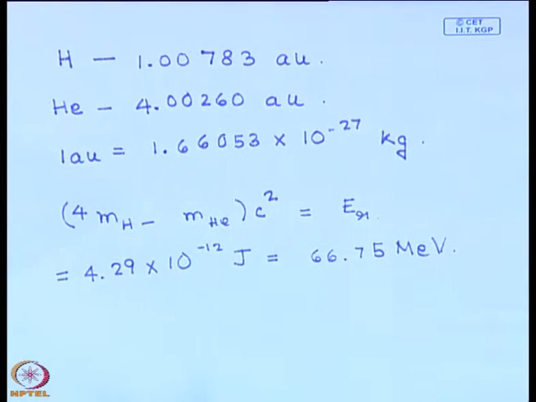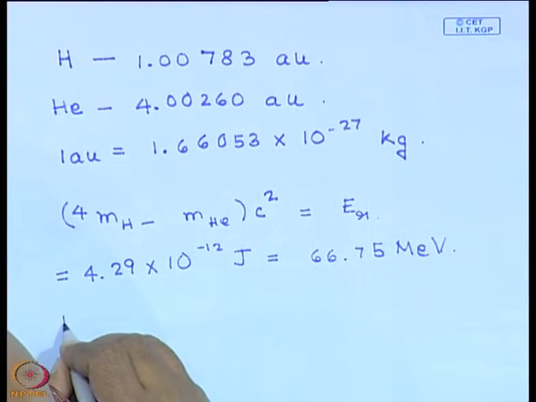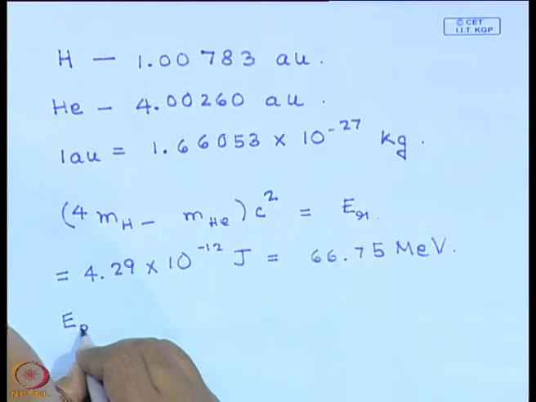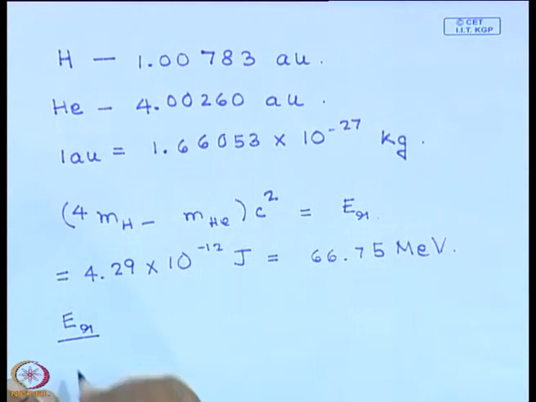Now, the quantity which is more interesting is the fraction of the mass that gets converted into energy. Okay, so let us look at this. We want to calculate the energy that is released divided by the mass of 4 hydrogen atoms.